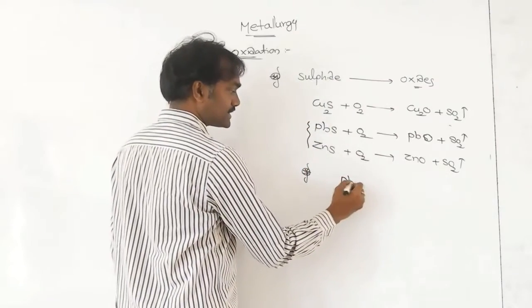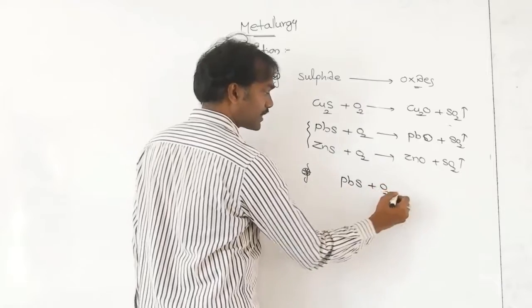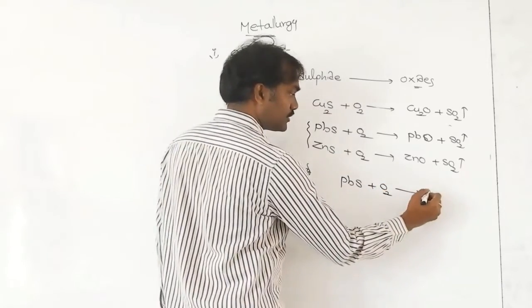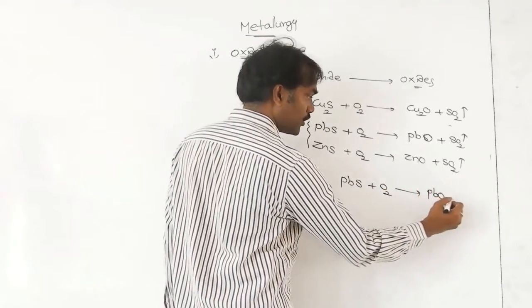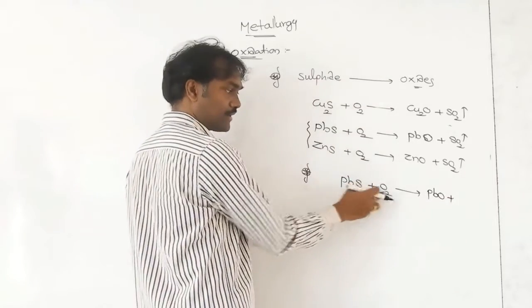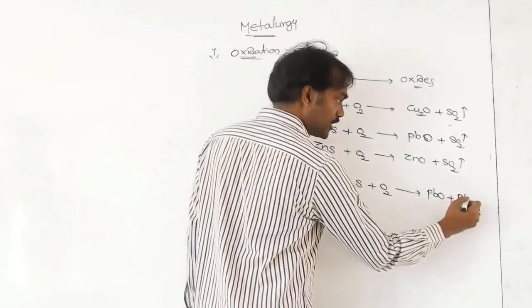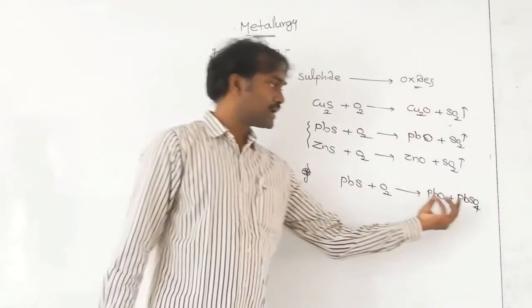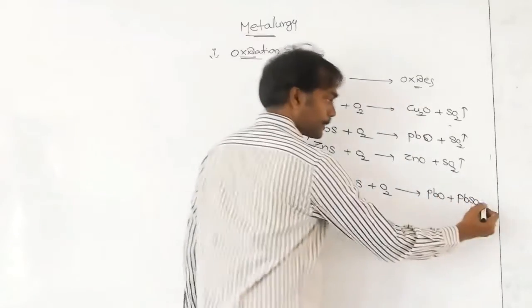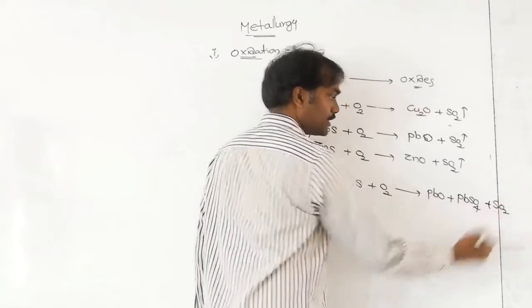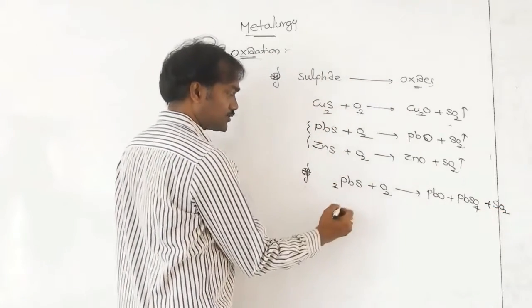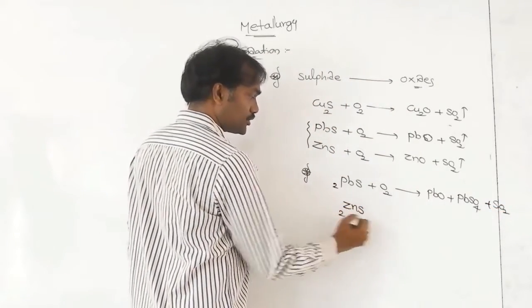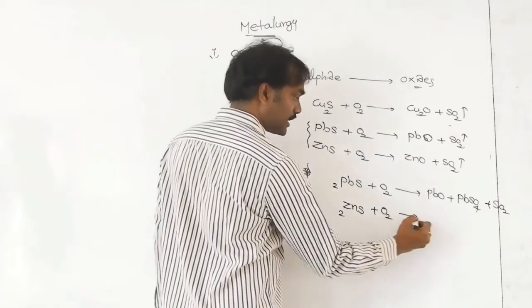PbS is treated with oxygen. Some amount goes to PbO, and some amount of sulfur reacts with oxygen and you get PbSO4. So some other impurity is forming. That is a possibility. Next, zinc sulfide is treated with oxygen.